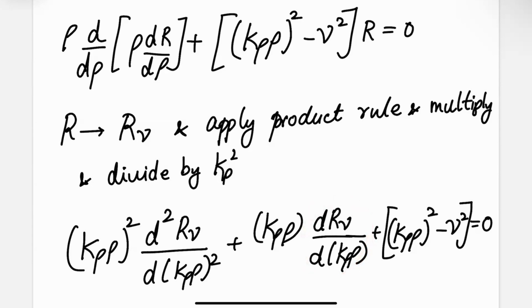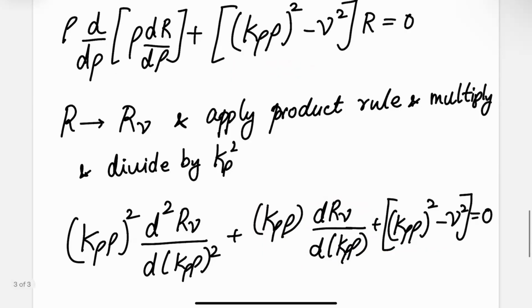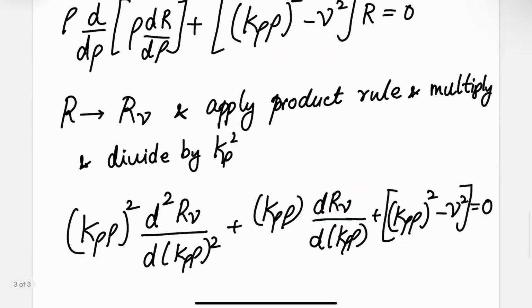And then now I'm multiplying and dividing just by k rho. So that comes out there. And then this term is the same as this term. There should be an r here. So r nu equal to 0.